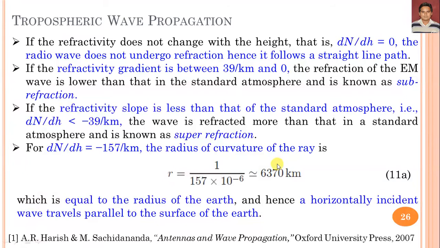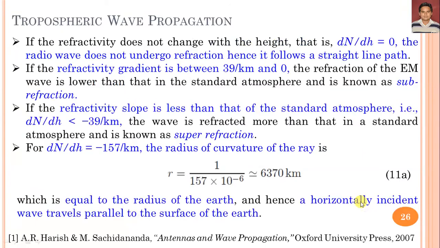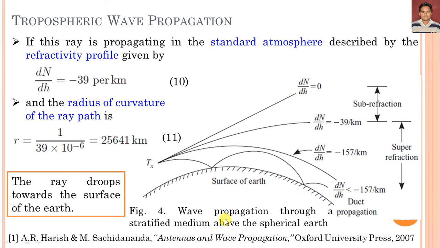So the radius of curvature equals the radius of the earth, and then this type of propagation, duct propagation, will occur, and a horizontally incident wave travels parallel to the surface of the earth. Here you can see, this wave travels according to the surface of the earth.